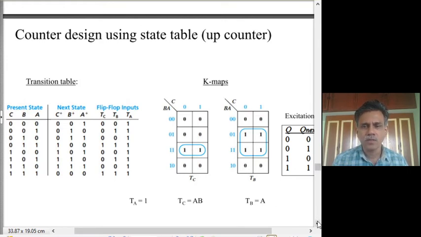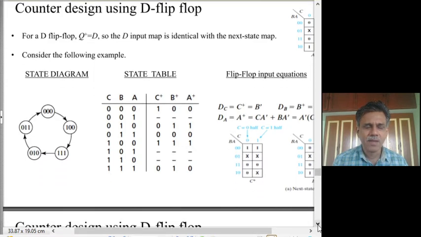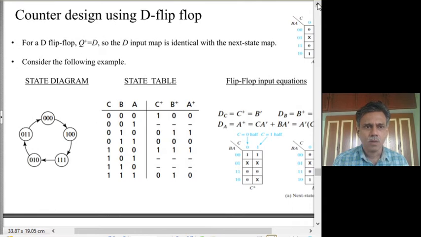Now what we will do is, we will just generalize it. Instead of a 3-bit up counter, we have a state diagram wherein transition happens between arbitrary states.